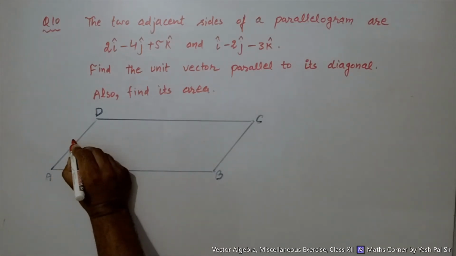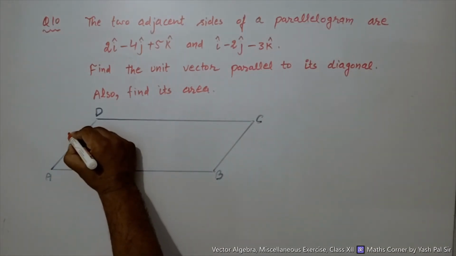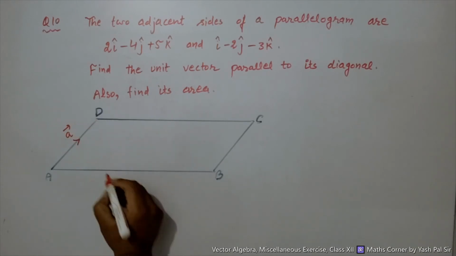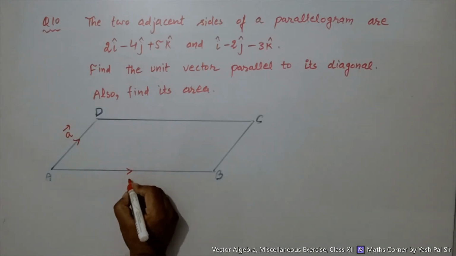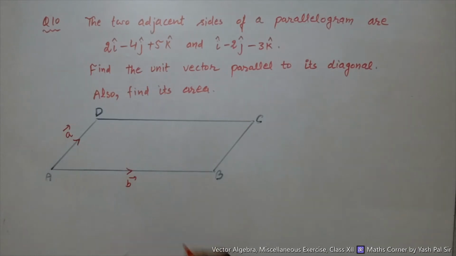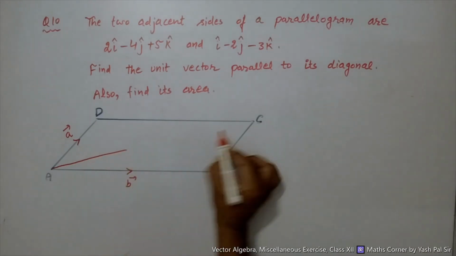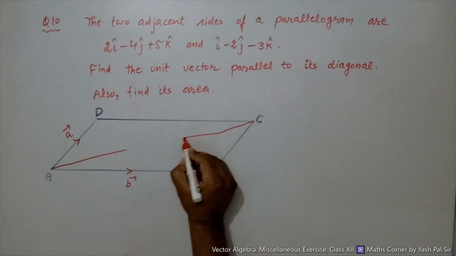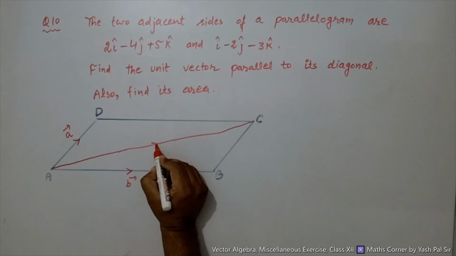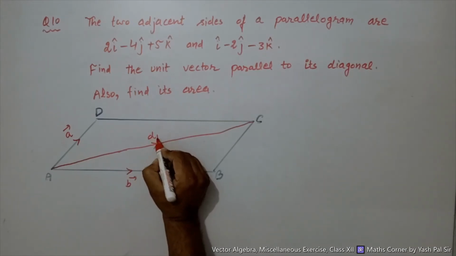Now here we have two diagonals. Suppose AD is vector A, and AB is vector B, right? Now the first diagonal joins the points A and C, from A to C, this is diagonal 1.